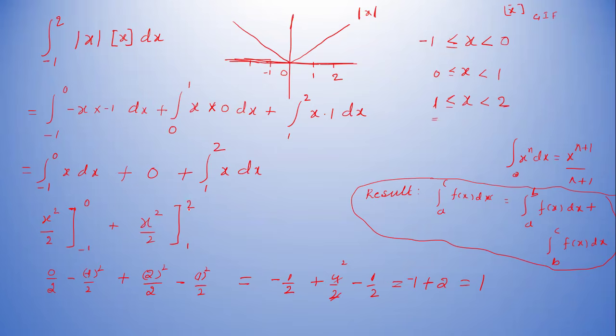Now apply upper and lower limits. This becomes 0 minus 1 by 2, plus 4 by 2 which is 2, minus 1 by 2. Minus 1 by 2 minus 1 by 2 becomes minus 1, plus 2 is 1. The answer is 1.